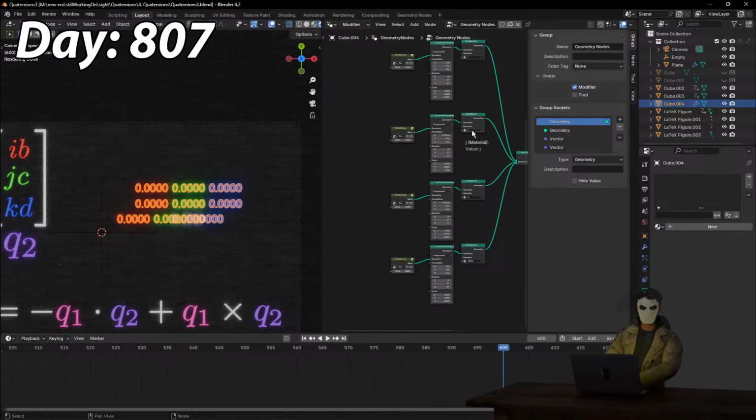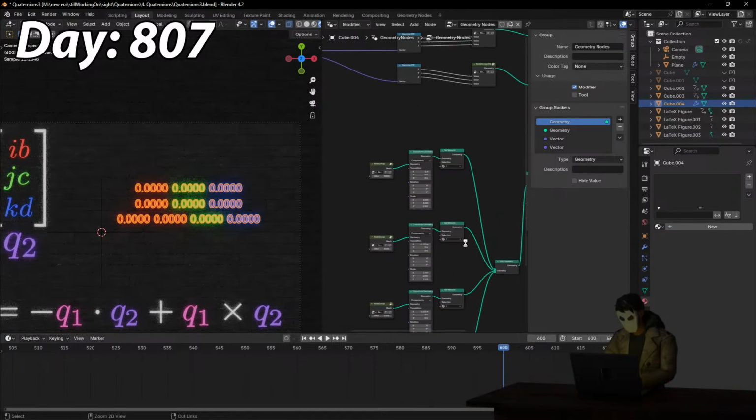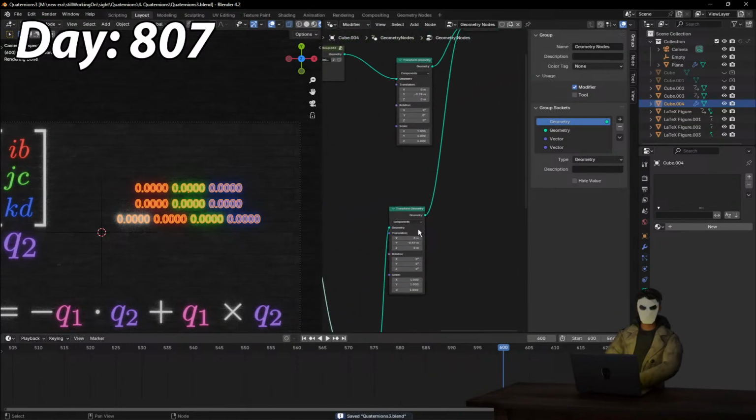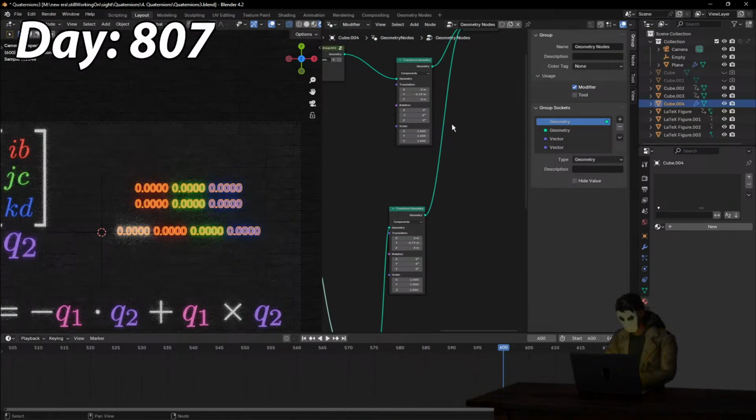It's fine. I, J, K, and then this is going to be 1, and then this is going to be W. Perfect, fixed.